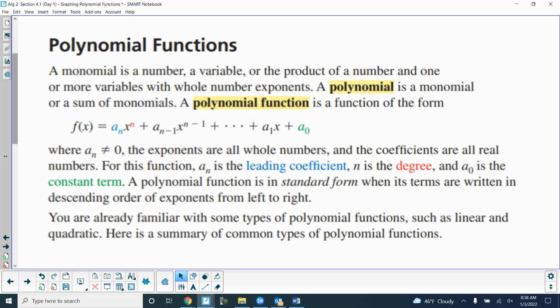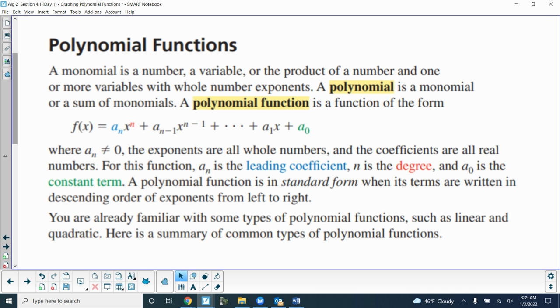A polynomial is a monomial or a sum of monomials. So our polynomial won't have any negative or fraction or variable exponents. It'll just be whole numbers, 0 through infinity in the positive direction.